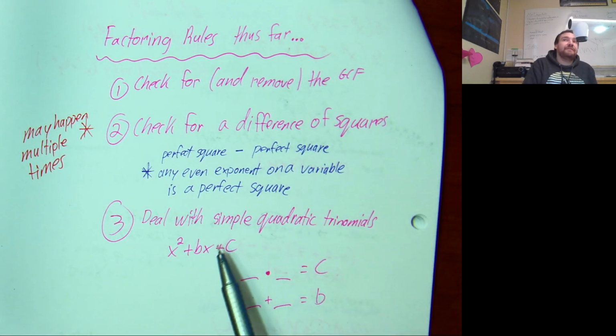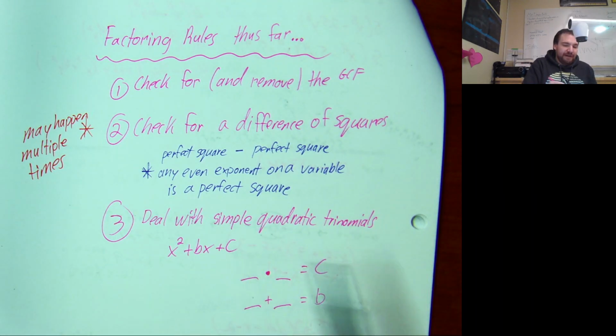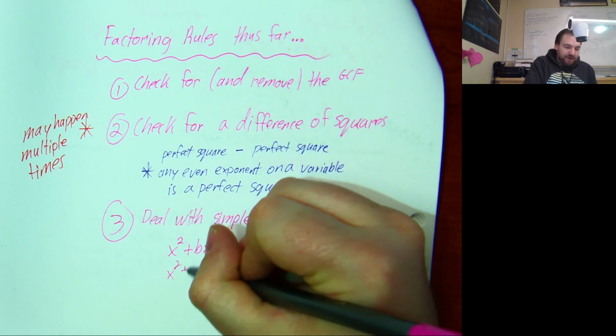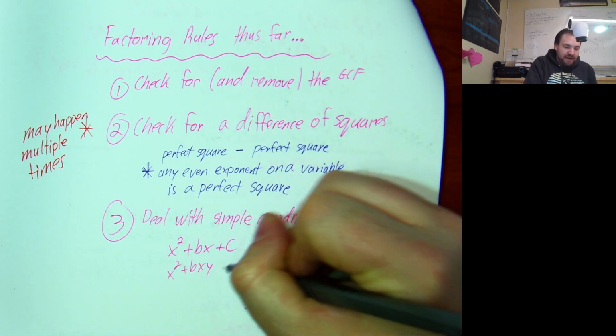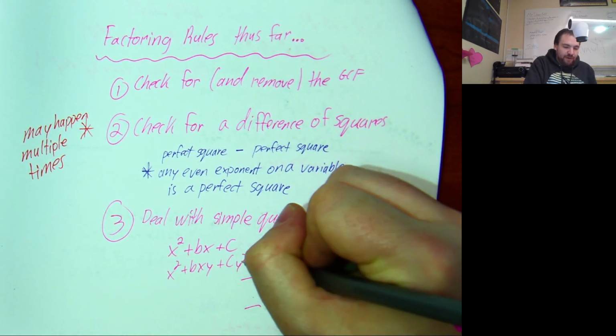Sometimes you might have more variables in here, like there might be x squared plus bxy plus cy squared.